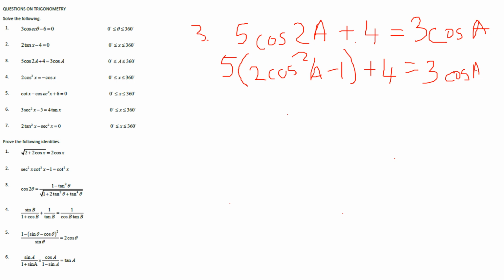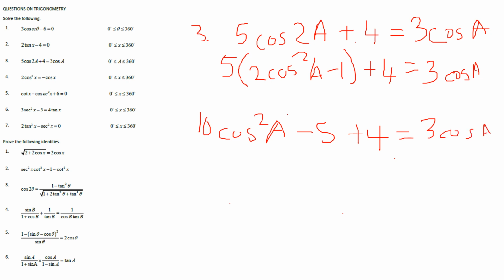Now what you have to do, you just have to simplify. You're just going to say 5 multiplied by 2 cos squared a is going to be 10 cos squared a, and then 5 multiplied by negative 1 is going to be negative 5 plus 4, all equals to 3 cos a.